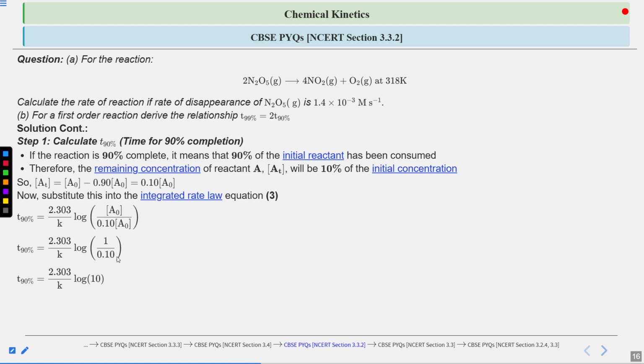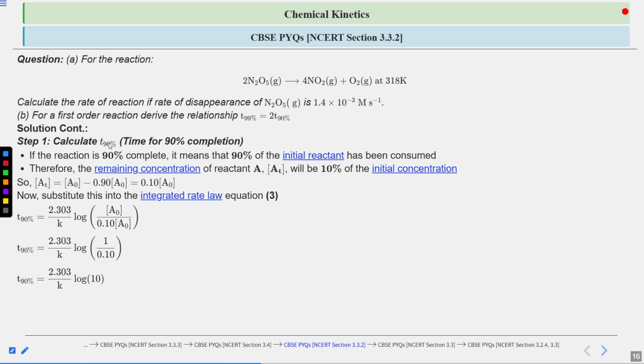Okay, from where should I repeat? So basically in this slide we are calculating t of 90%, right? We have to derive this relationship which is already mentioned in the question.